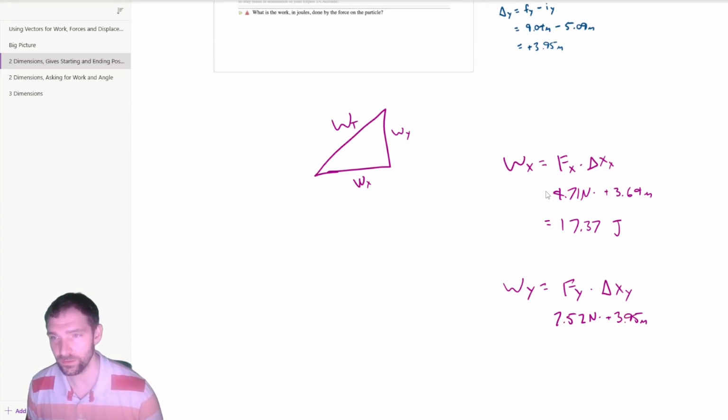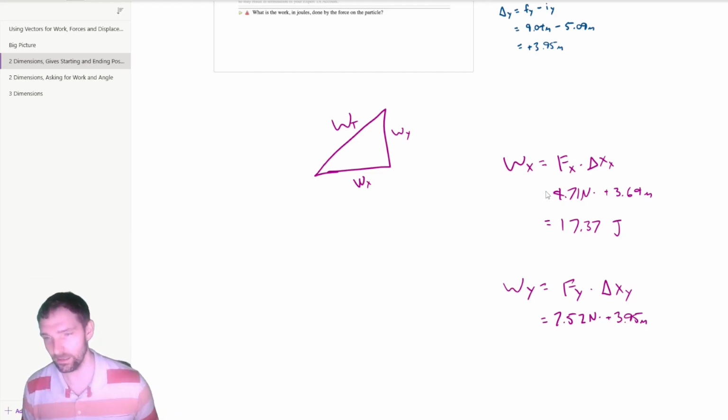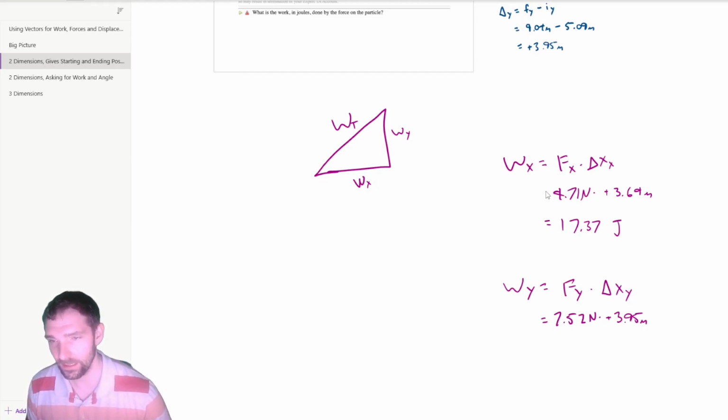And when you have a newton times a meter, that's going to result in joules. If you know what a joule is, then that helps you with these problems, just knowing what units you're working with. So a newton times a meter is equal to a joule. That's useful for working through these types of problems.